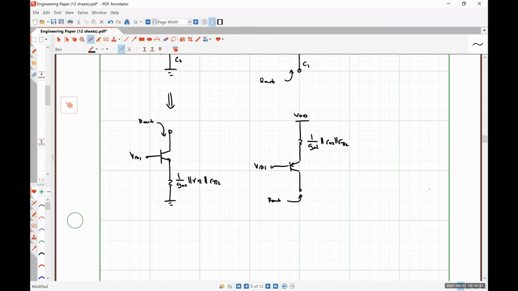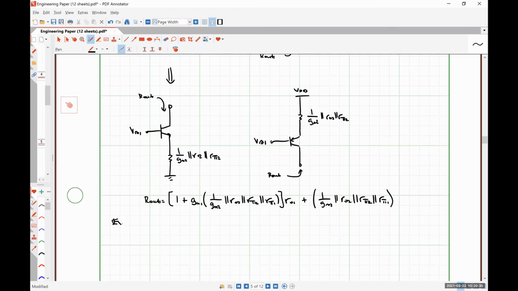So if we throw this resistance as replacing RE into our original equation, what we get is R out is, this is going to get big and ugly, 1 plus gm1 multiplied by 1 over gm2 in parallel with ro2, in parallel with r pi 2, in parallel with r pi 1, multiplied by ro1, plus 1 over gm2, in parallel with ro2, in parallel with r pi 2, in parallel with r pi 1.